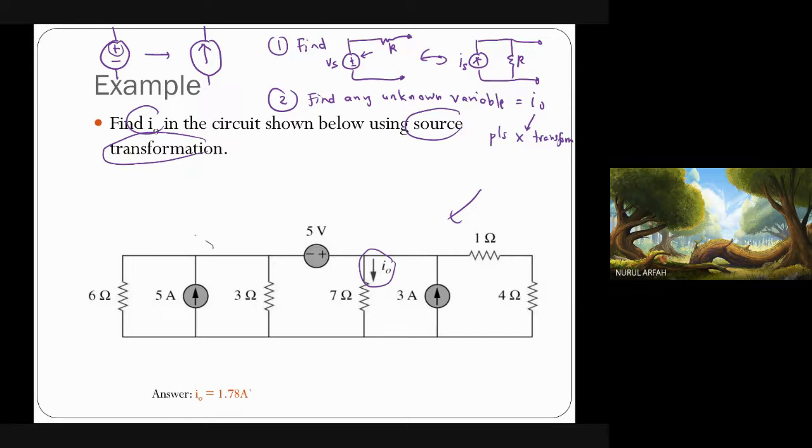So that means you can transform this one because it is a current source in parallel, and this one is also a current source in parallel, so you can transform. And then you can reduce until you get a smaller size, right? Okay, let's try this one.